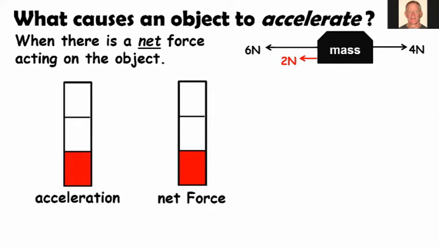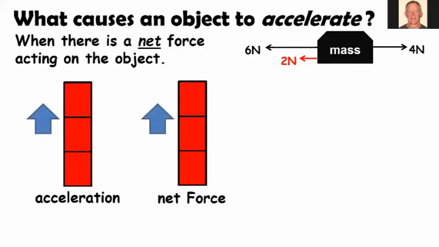So what type of relationship do we have between acceleration and net force? Well, if we increase the net force, it increases the acceleration, right? And we call this a direct relationship, in that they both change in the same direction. If the net force increases, the acceleration increases.